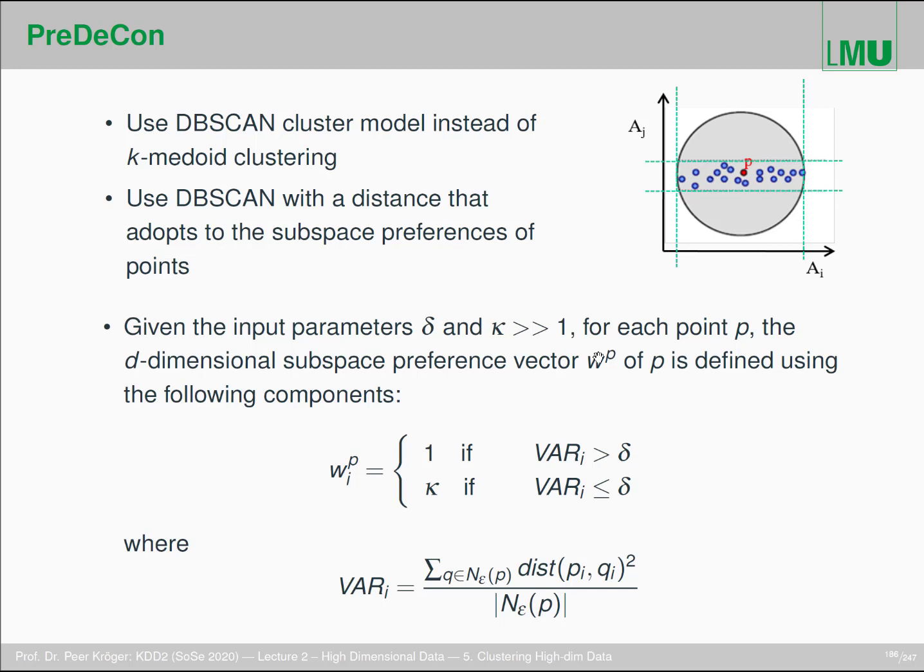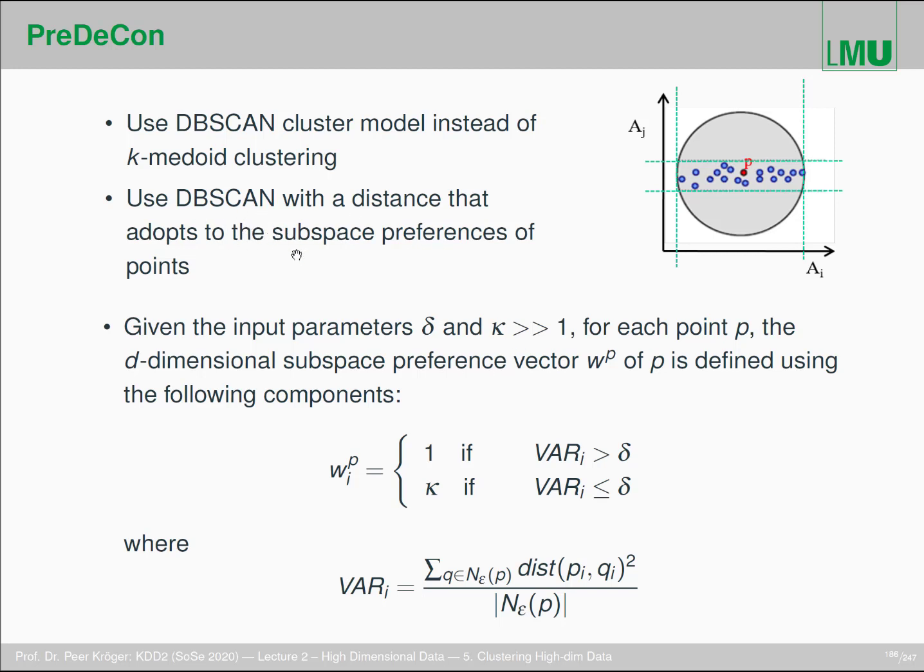So in DBScan, you have a much more point-centric view, or the algorithm at least has a much more point-centric view. So it makes sense probably to now also look for the subspace preference of points instead of clusters. Yeah. So PrDeCon does exactly like this.